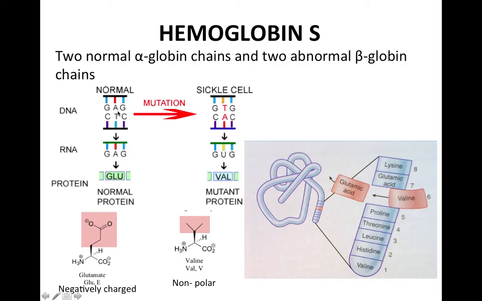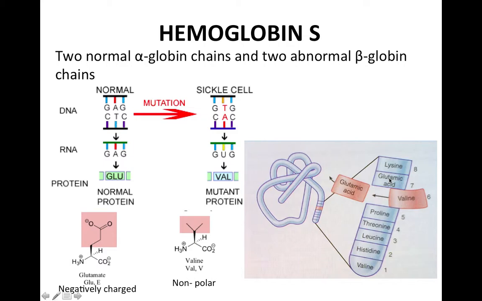The change of the middle nucleotide from A to T, that means GAG to GTG, leads to a change in the amino acid to valine. This valine is non-polar. Because glutamate is highly negatively charged, and valine is non-polar, or near neutral in charge, this can be seen in the entire hemoglobin.